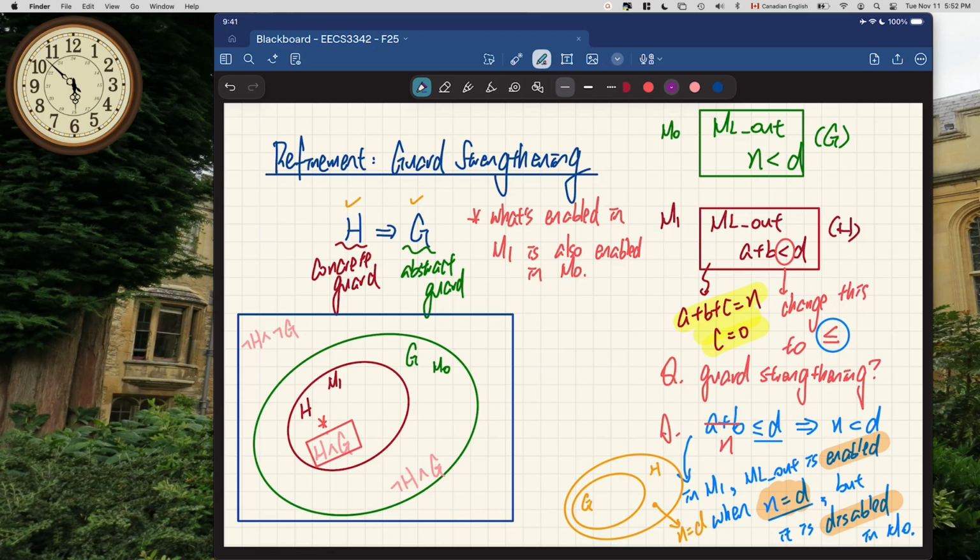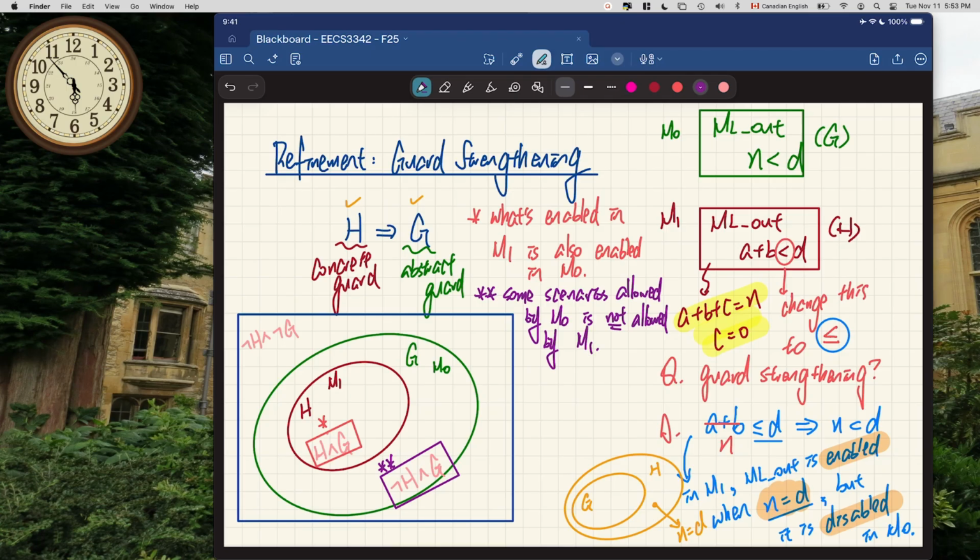That one there, let's use purple. Okay, this one here. This one is saying somehow what used to be allowed by the abstract, it does not allow anymore in a concrete. But that one is okay. Let me put it down first, and then I'll explain to you. Some scenario allowed by M0 is not allowed, which means disabled, by M1.